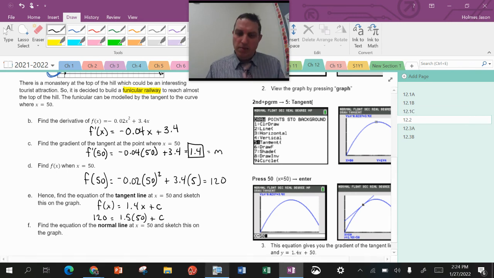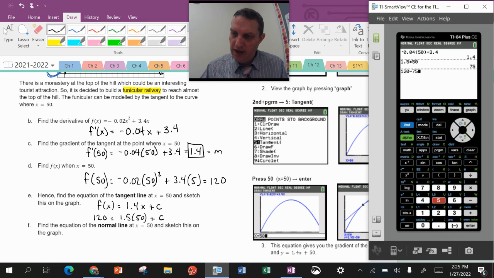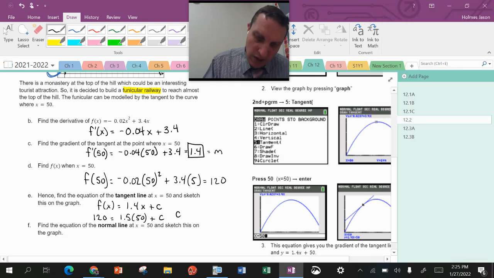This time I'm just going to use the calculator, though you can use the graphing mode to figure it out. 1.4 times 50 is 70, and 120 minus 70 is equal to 50. So we see that c is equal to 50.